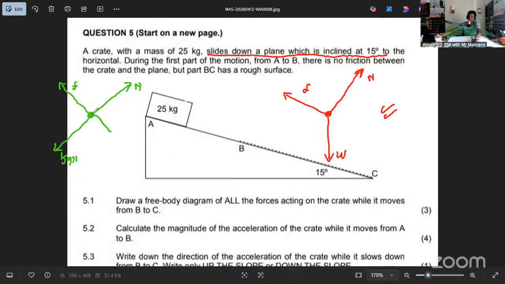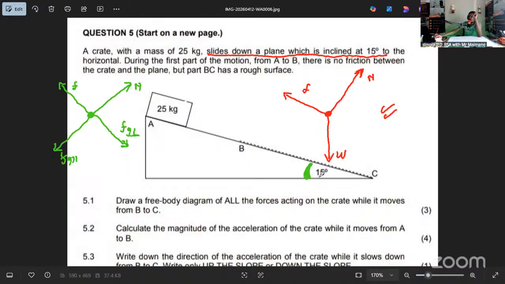And you say, this is FG perpendicular. You'd still get the same marks with both, because now the FGs represent one thing, which is the weight. You just draw it accurately, because at the end of the day, that 15 degrees has to play a role.